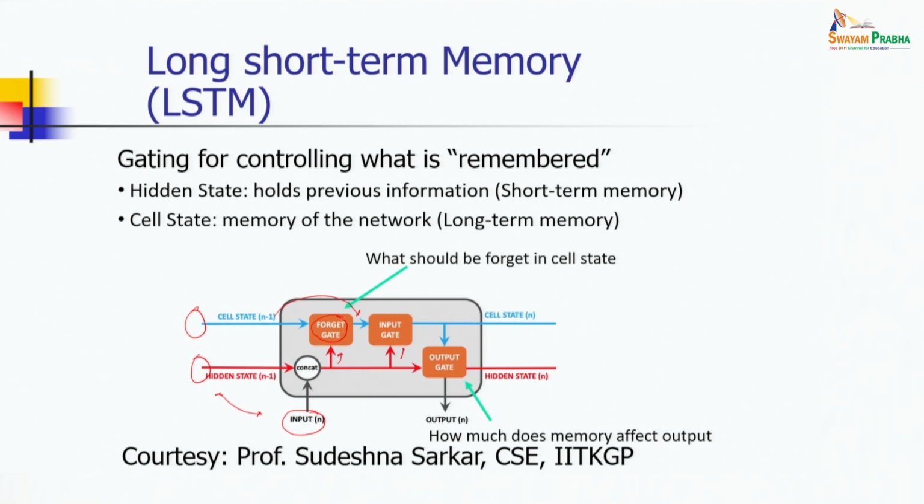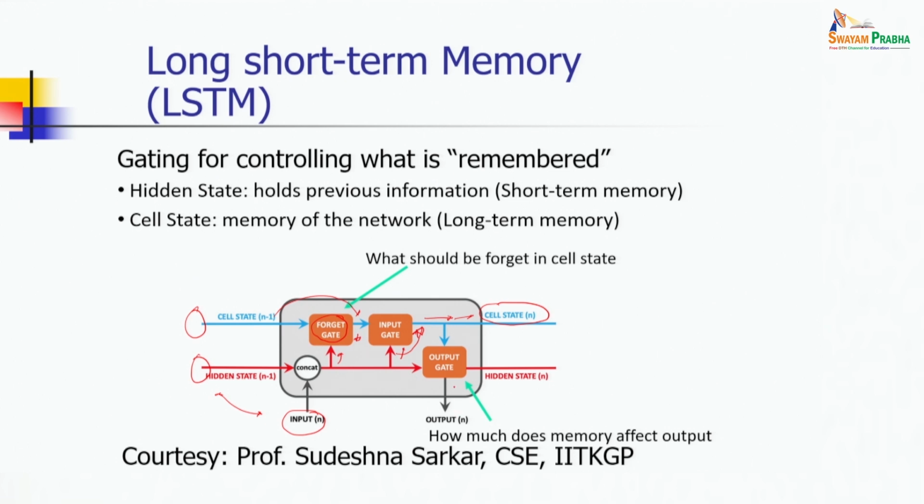Then the input gate provides input content, and it is also modifying it, whereas the output gate also modifies that content, meaning how much is again to be remembered. So the forget gate clips certain information, then the input gate provides the current information and modifies it, and that goes into the corresponding cell state.